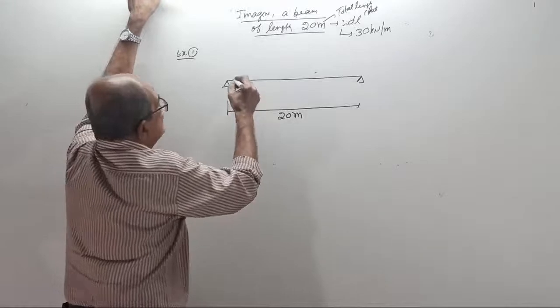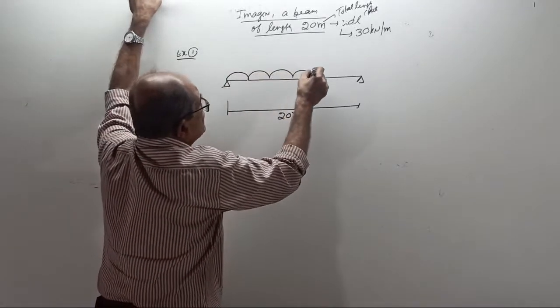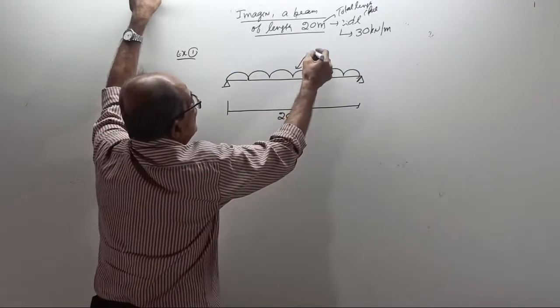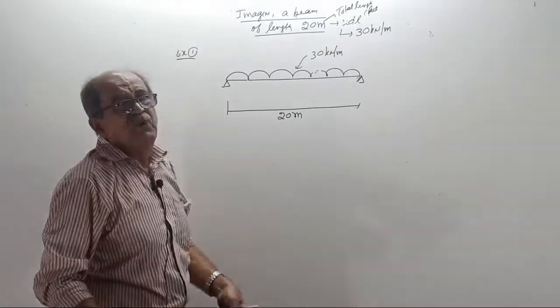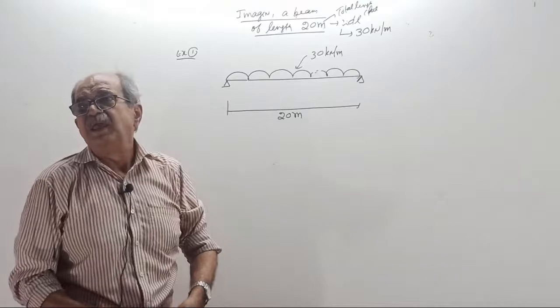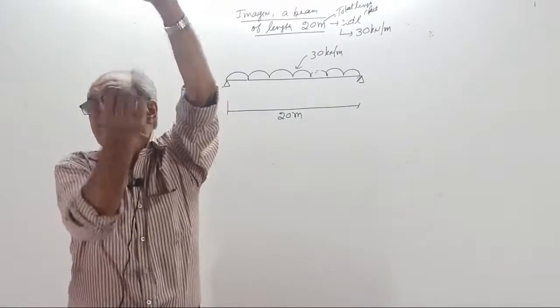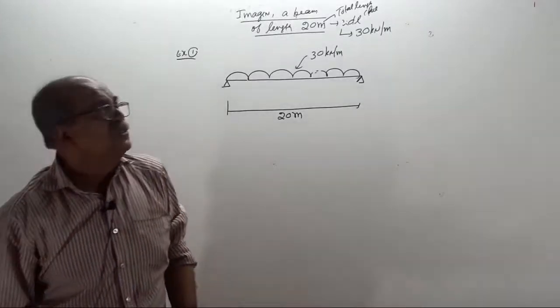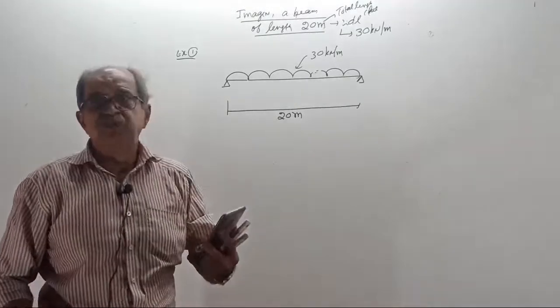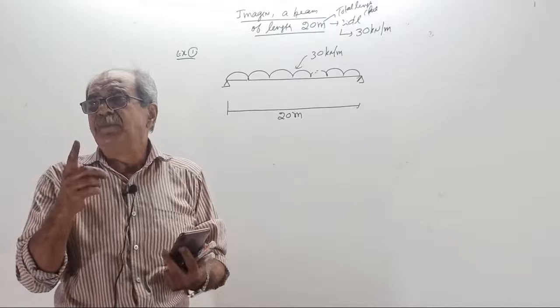Worst case. Tell me why it is a worst case. The BM will be very, very heavy. You require a deep beam. Correct or not? Very, very uneconomical. No hogging is there. Beam will fully sag. Heavy BM will come.